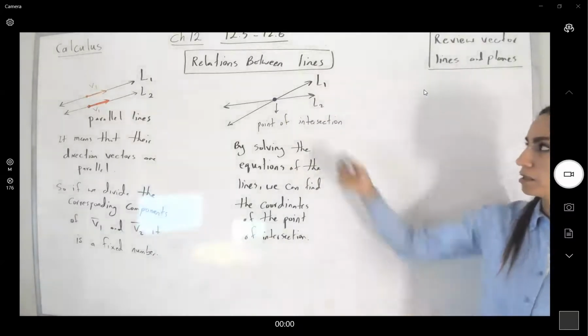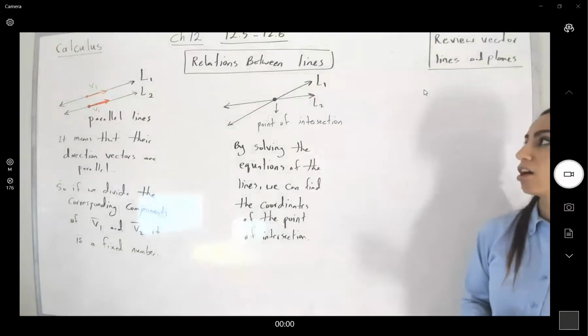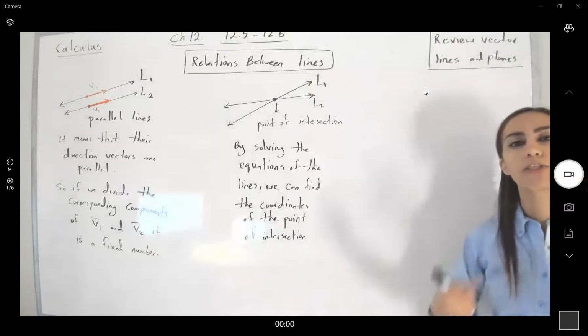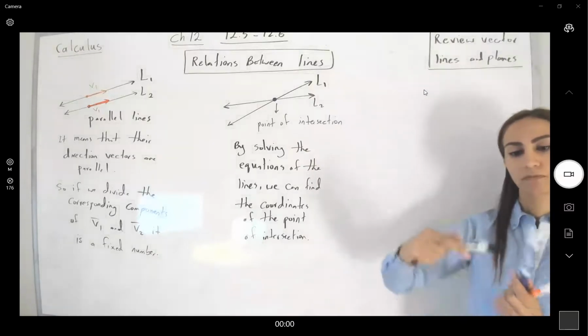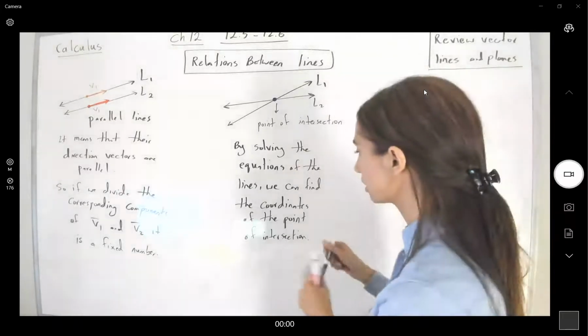That makes sense. Remember that one of the special cases of intersecting lines is the case that they are orthogonal or perpendicular to each other. So, special case.